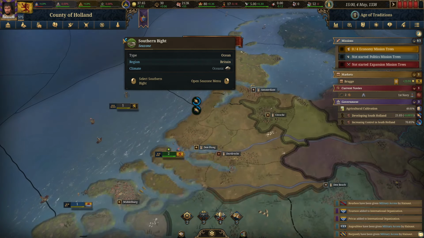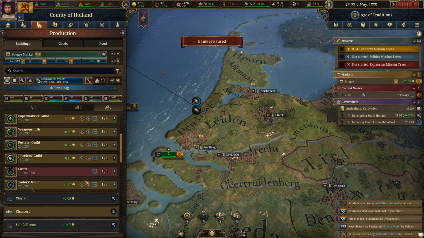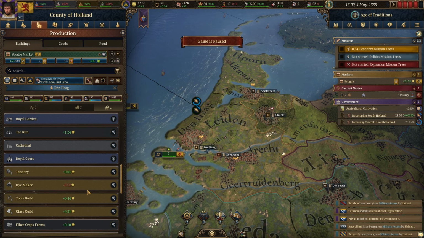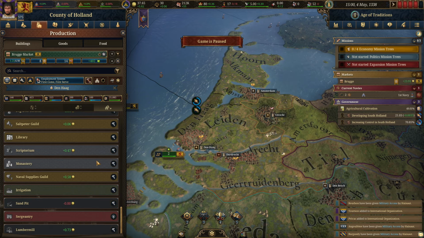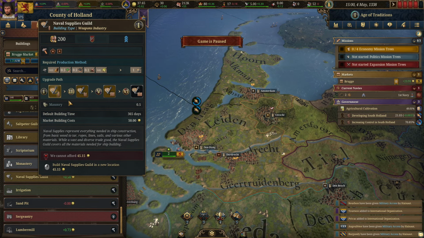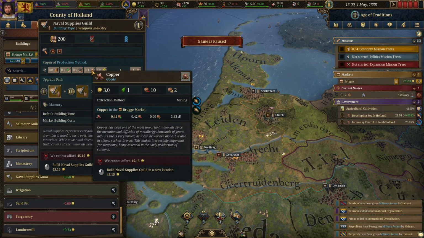So all in all, what I'm trying to get down to is, if you want to set up a sophisticated industry of something more complicated than just tools or glass, let's say we want to set up weaponry or naval supplies, this is a good example. Check out if the necessary materials that are needed for this are available. You can also just check out the distributions here.